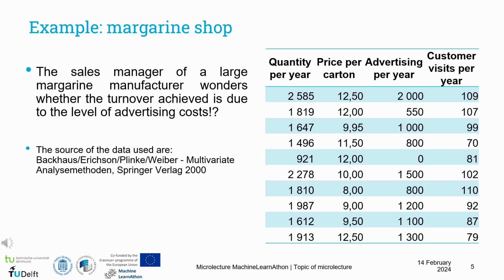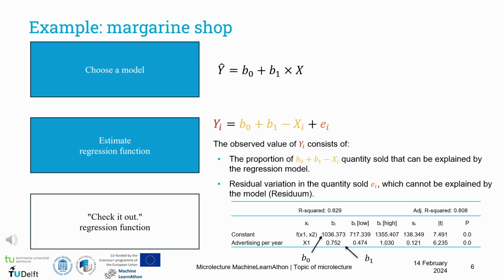Here is a practical example. A sales manager at a emerging company wants to know whether advertising costs influence turnover. We have data on turnover and a budget, which we can use to build a regression model. We start by choosing a simple linear regression model, as shown on the slide, where x represents the amount spent on advertising per year.